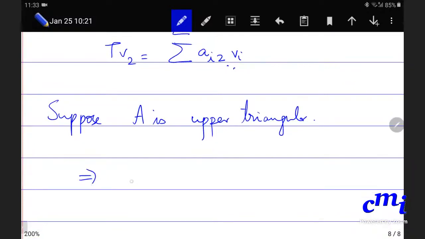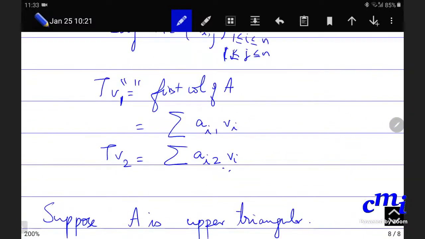This means that T of V1 is A11 V1, because for i greater than 1, the entries below the diagonal in column 1 are all 0. So if T is triangular with respect to this basis B, then V1 must be an eigenvector, and A11 is the corresponding eigenvalue.